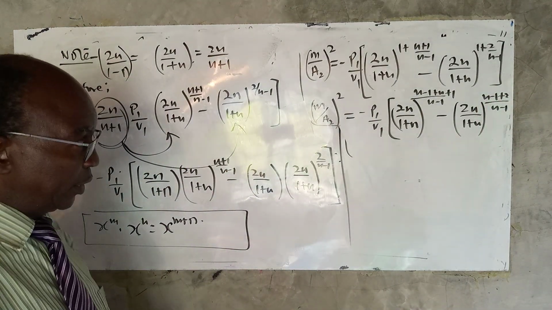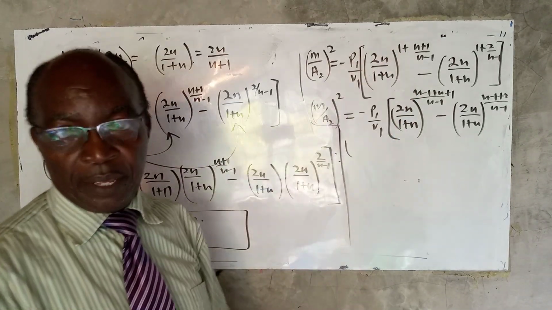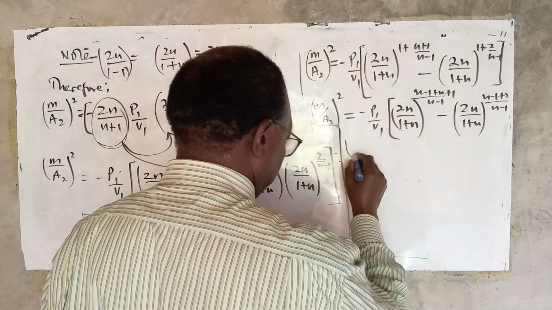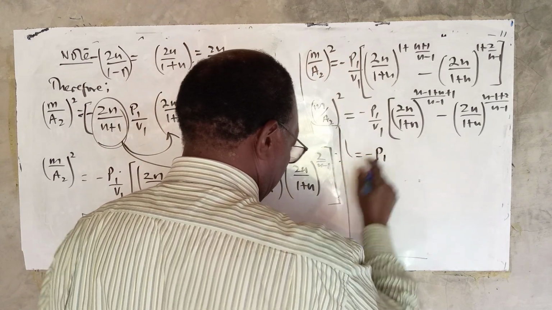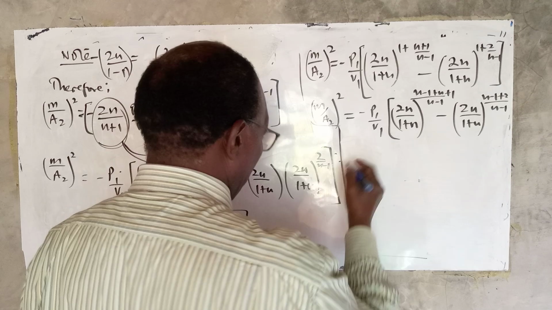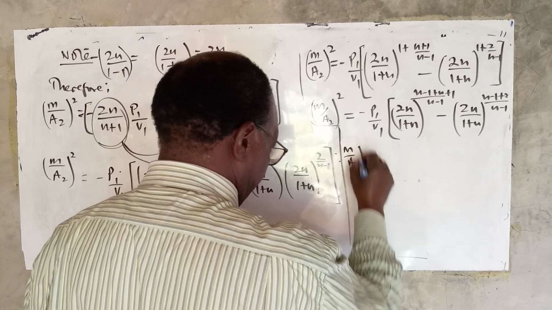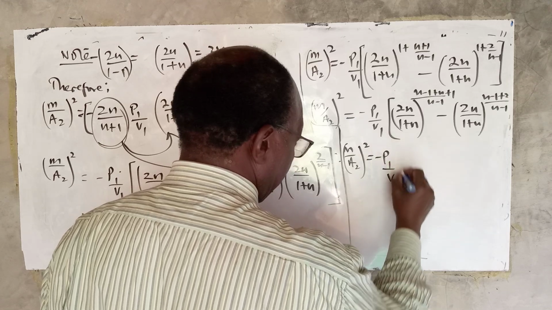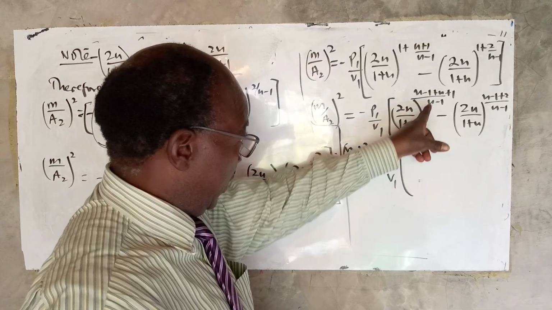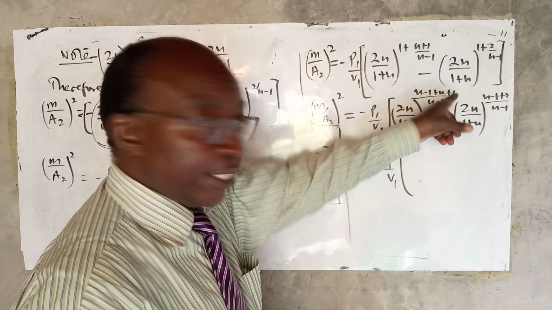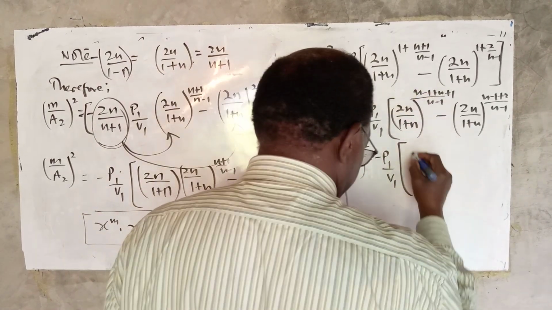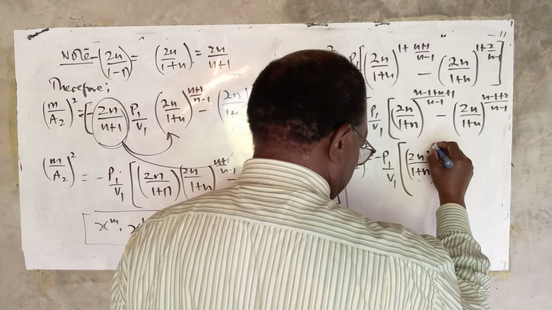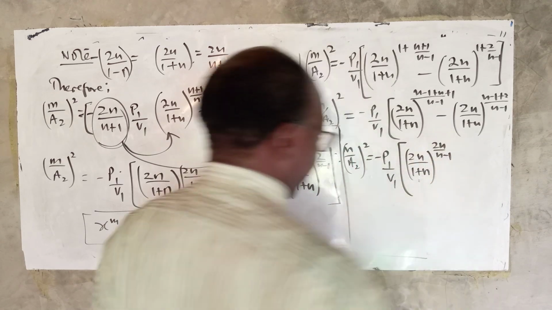So if we simplify these quantities, just handle them like any simple arithmetic quantities involving fractions. So m over a2 squared becomes minus p1 over v1 into, we have minus 1 will cancel plus 1, so we have 2n over 1 plus n into 2n over n minus 1.